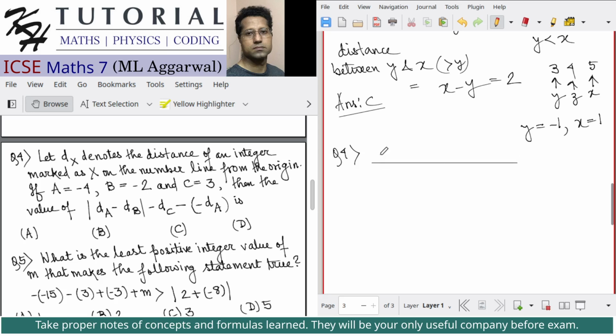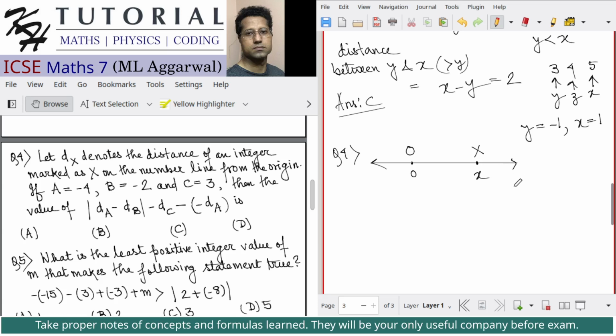So if you consider this as the number line, let's say we have a point x. An integer value is marked on the number line with the point x, and let's say this is the origin, which refers to the integer value 0. Let the integer value marked by the letter x be small x.